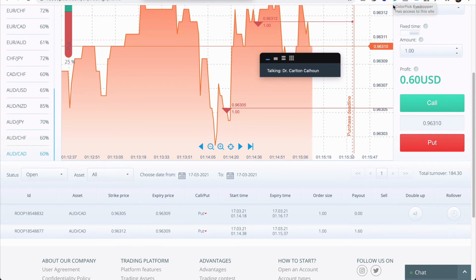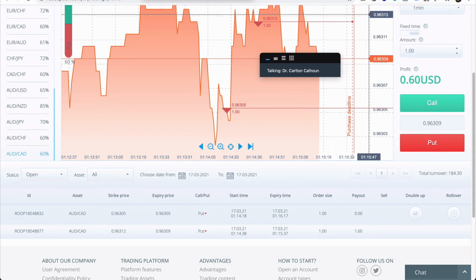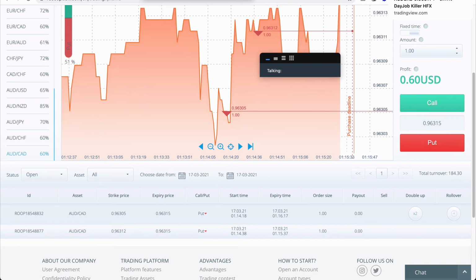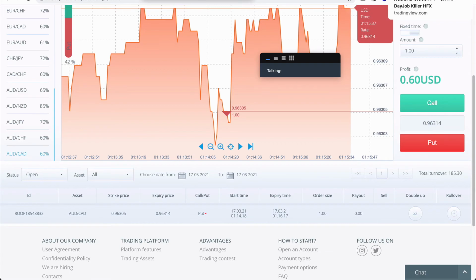See how it's spiking up, down, up, down, up, down. And there's the push down. There's a push up. There's a push up. Just spiked me almost out. Spike me out.